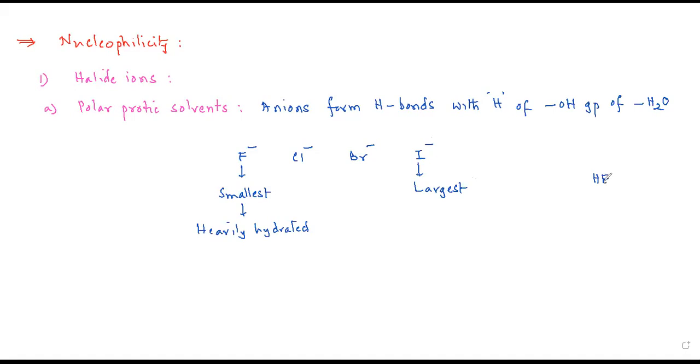Because we know that the extent of hydration energy is inversely proportional to size, right? Smallest are heavily hydrated. Now, iodide being the largest halide ion is least hydrated or less hydrated.